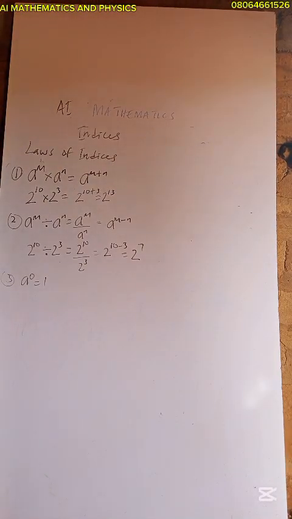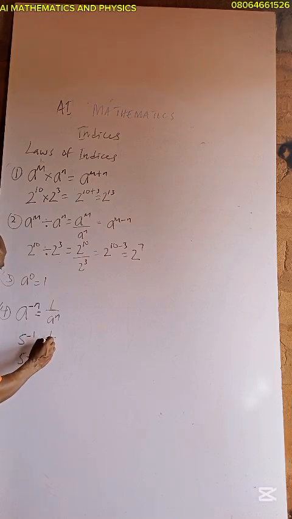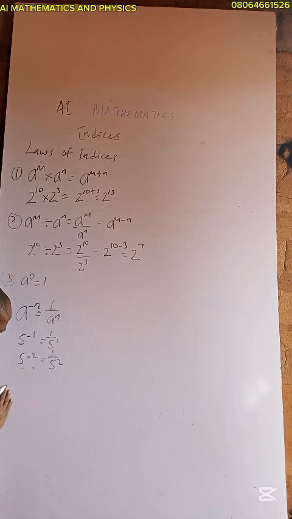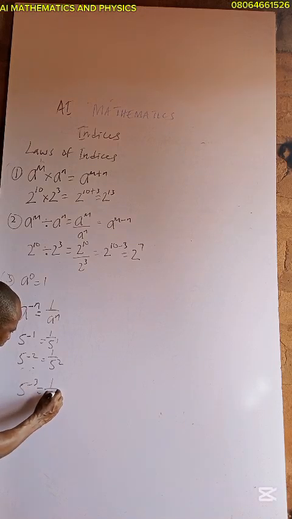Another very important thing is this: rule 4. If you have a raised power minus n, that is 1 over a raised power n. That is, when you have 5 raised power minus 1, 5 raised power minus 2, 5 raised power minus 3, that is 1 over 5 raised power 1, 1 over 5 raised power 2, and 1 over 5 raised power 3.